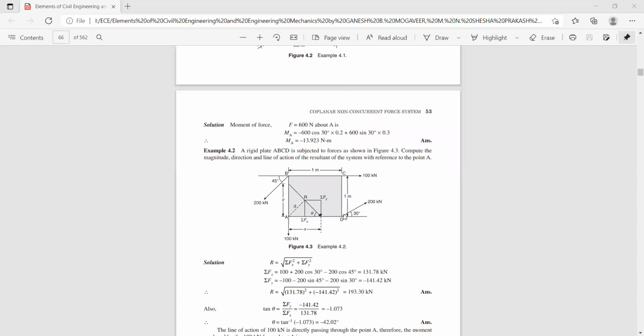But the vertical component is 200 sine 30, acting in the upward direction, and the perpendicular distance for this vertical component is 1 meter. And if you consider the moment about this point, it creates an anti-clockwise movement.